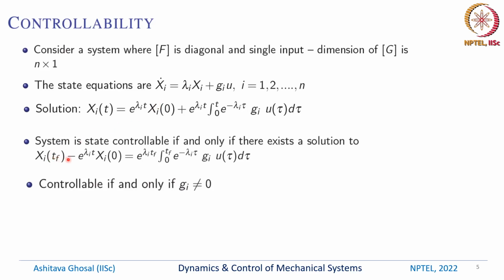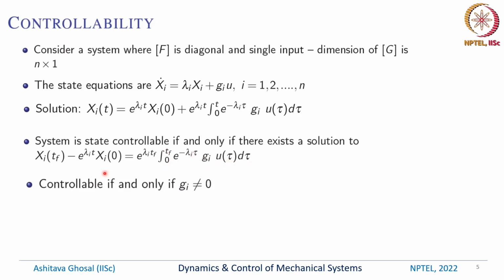So a system is said to be state controllable if and only if there exists a solution to this above equation. In particular, if you substitute t as tf and take this to the left hand side, we have xi of tf minus e to the power lambda i tf xi of 0 is equal to the rest of it, which is e to the power lambda i tf times integral 0 to tf e to the power minus lambda i tau gi u of tau d tau.